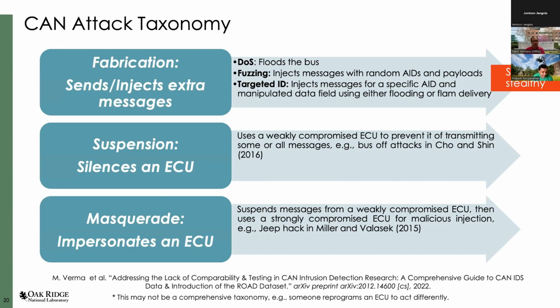The other notion is suspension, used basically to silence ECUs because the adversary wants to prevent them from transmitting some information. And the more advanced version of these attacks is called masquerade or falsification attacks, in which adversaries are able to impersonate ECUs, and with that impersonation, send fake information on the CAN bus.